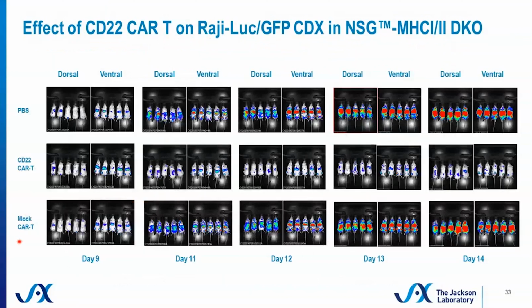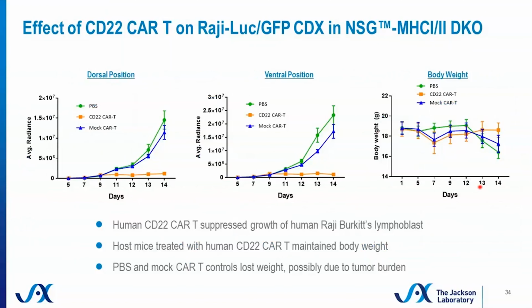And it's also important to include a mock CAR T group because these are human T cells that are expressing their native TCRs, and you don't want to look at tumor clearance based on an allogeneic response against the tumor, and that's not the case. It's only the CD22 expressing CAR Ts that are clearing out the tumor, shown by less luciferase expression.